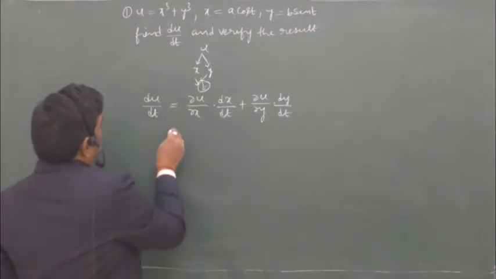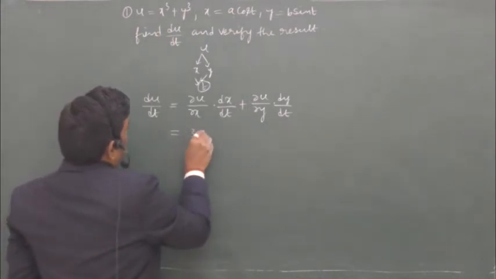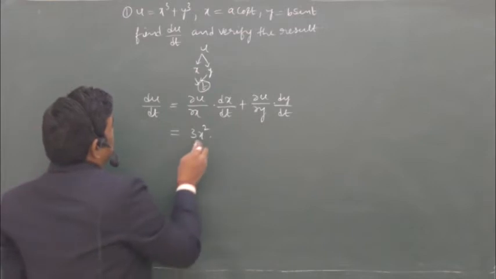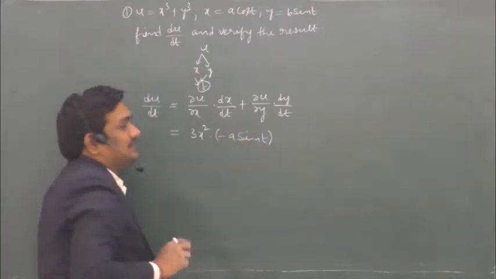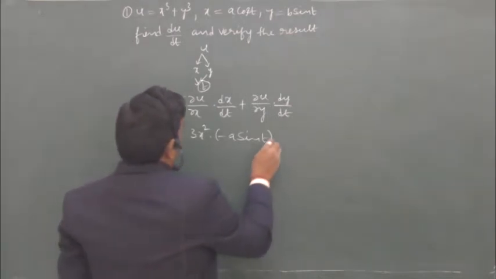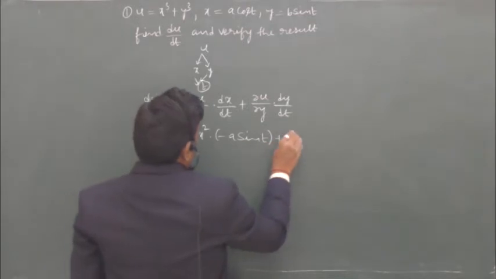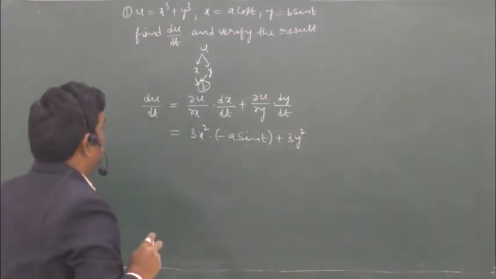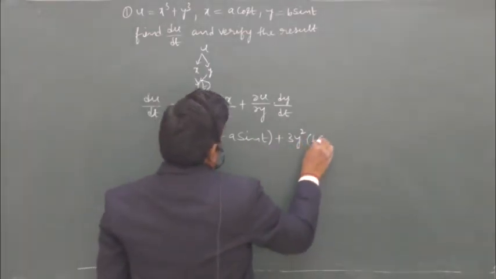Now dou u by dou x is 3x square, and dx by dt is minus a sin t. Then dou u by dou y is 3y square. Then dy by dt is b cos t.